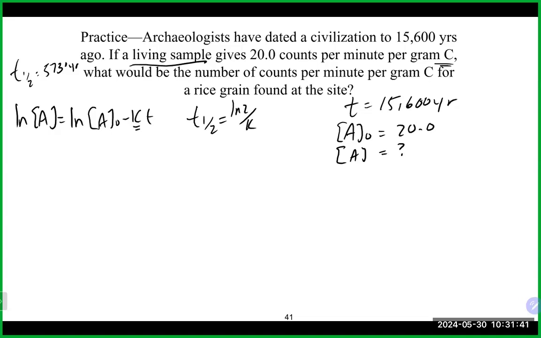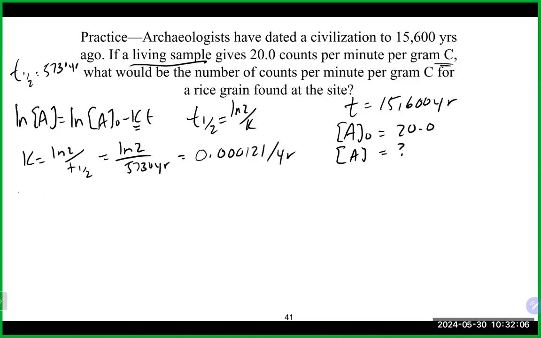And again, here we're going to find our decay constant, which is the same number that we used in the previous example, since they're both carbon. So putting that into our formula will give us the same decay constant of 0.000121 per year.